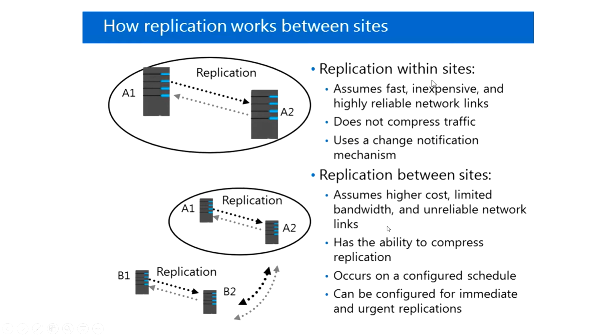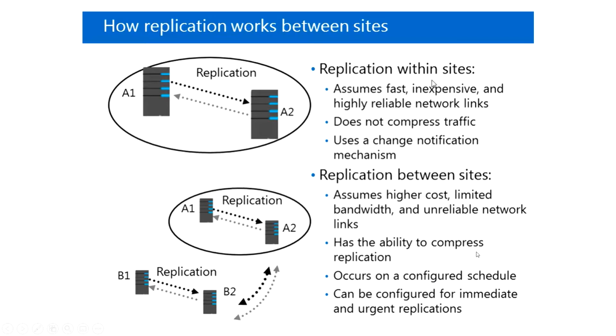And if the replication is happening between sites, then we can assume it will incur higher cost, and there will be limited bandwidth since the traffic goes through the WAN or the internet, and it may be unreliable network links. We're not sure when it will go down. It has the ability to compress the replication traffic, and it occurs on a configured schedule.